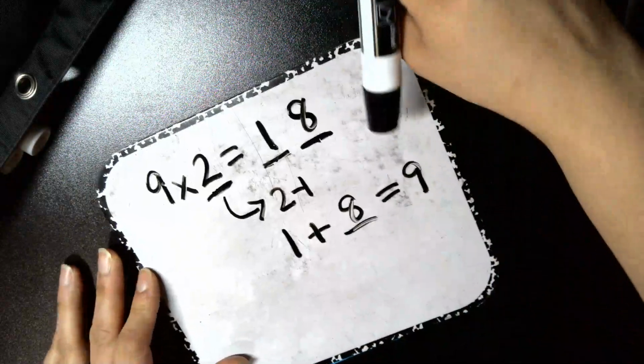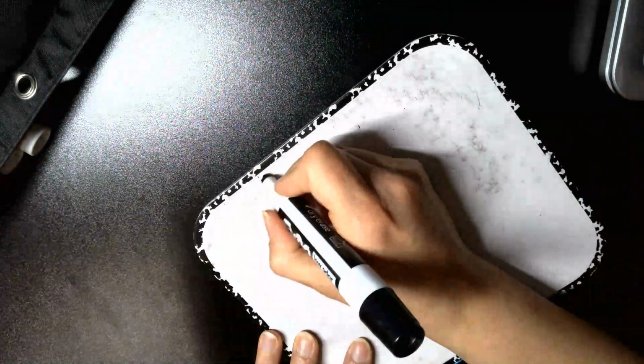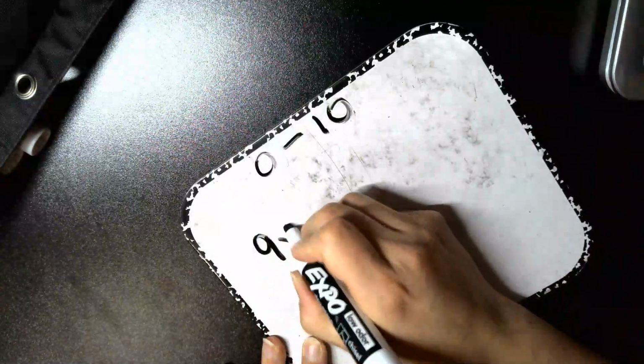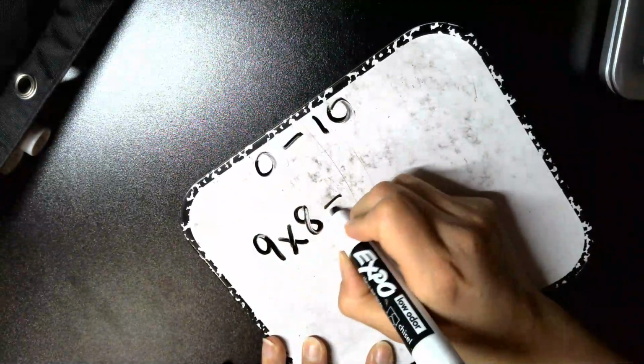Okay, and that works all the way, where does it work? It works all the way, I think, to 9, from 9 times 0 all the way to 9 times 10. So 0 through 10 that you're multiplying your 9s times, that works. So we have 9 times 8. What do we do first? Okay, what are we multiplying by 9? We're multiplying the 8 by 9.